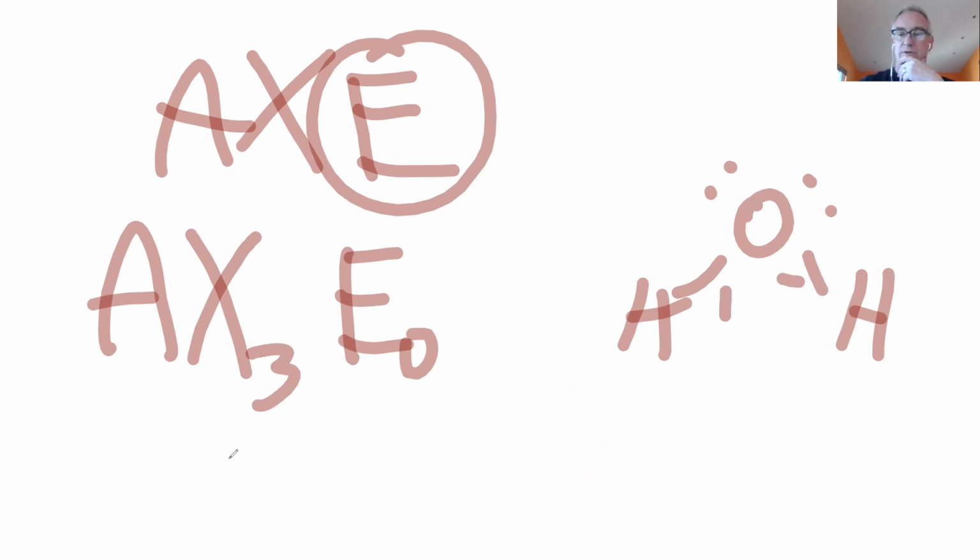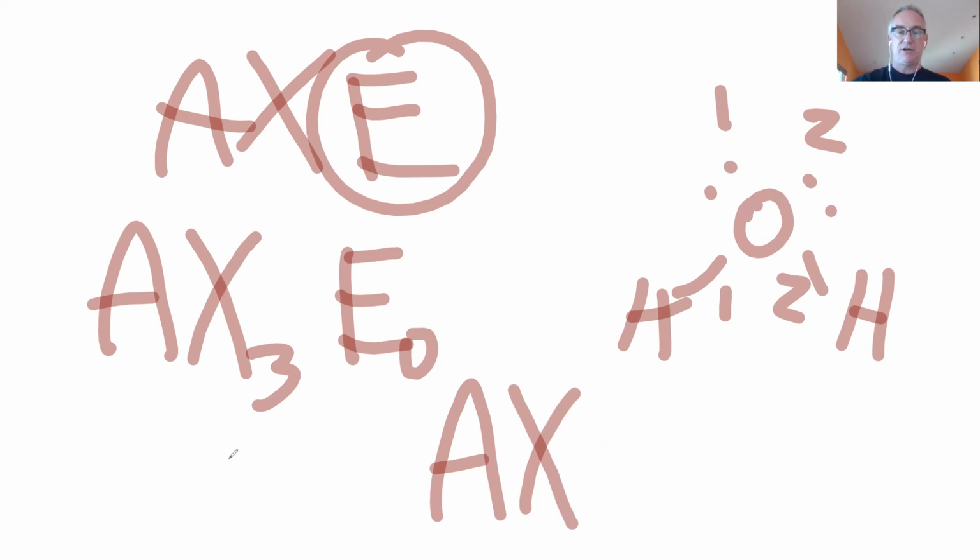Yep, 1, 2. And how many lone pairs do I have around the water? 2. So when I did my AXE formula this time, I would say A, my central atom is oxygen. It has 2 bonding regions around it, and it has 2 lone pairs.